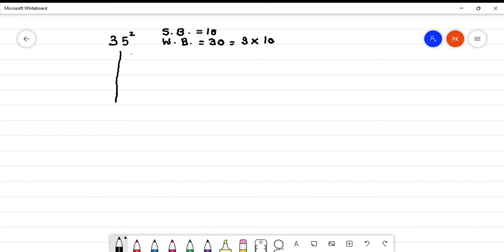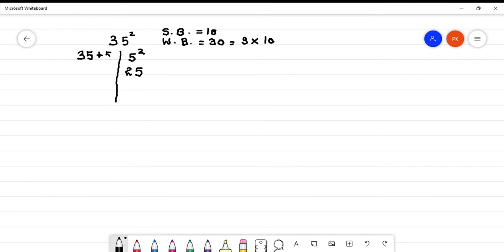On the right side, I will take 5 square, that is 25. On the left side of the partition, 35 plus the excess number over the working base, that is 5.